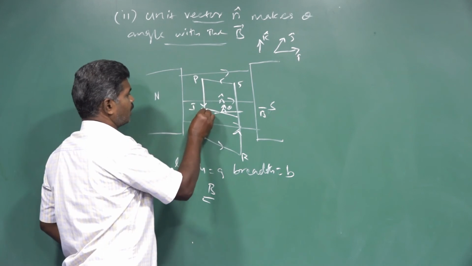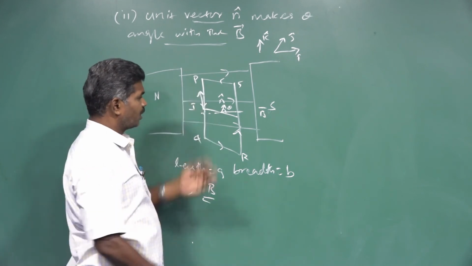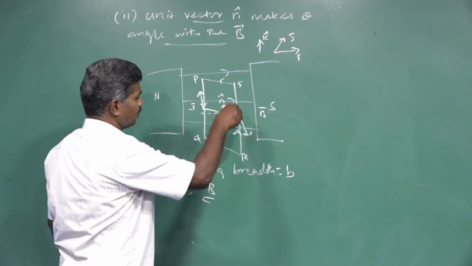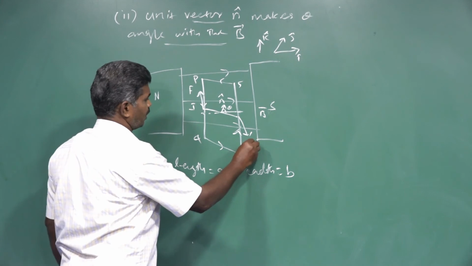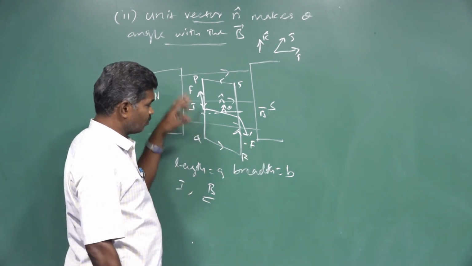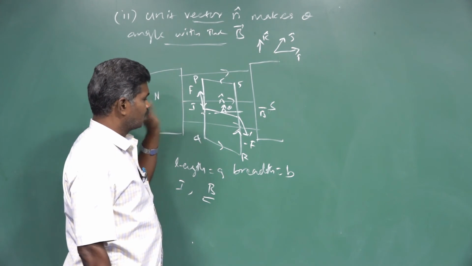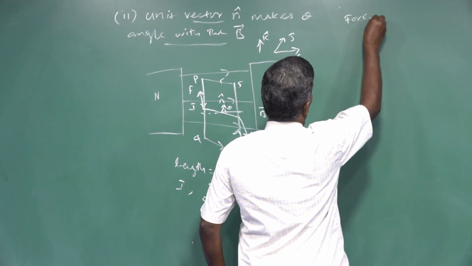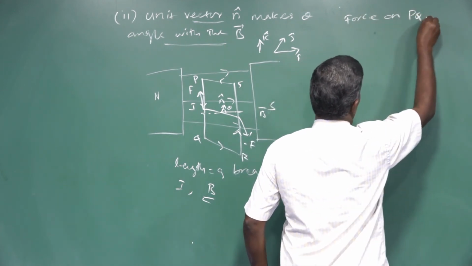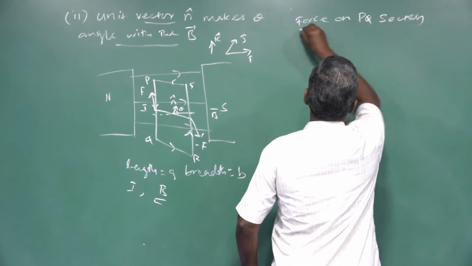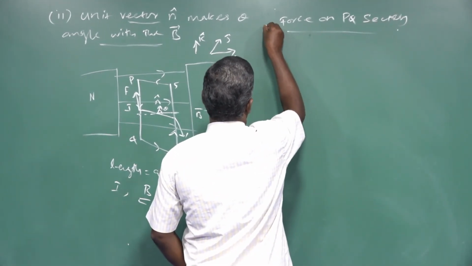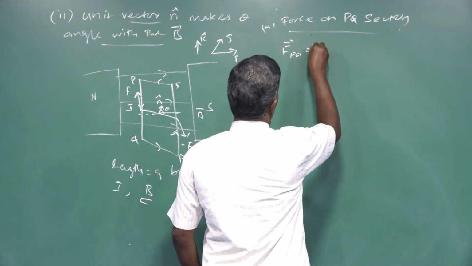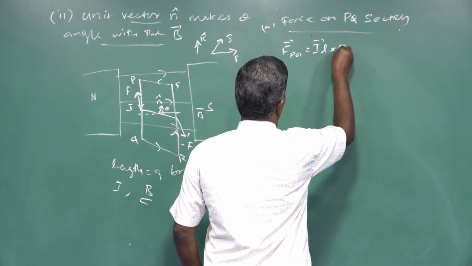So on that PQ side the force acts in the upward direction, and on the RS side the force acts in the downward direction. If it is taken as F, it is a minus. Now also we are dividing into four sections. On that PQ side we are going to calculate the force. Force on PQ section. That is the first case, F on PQ vector is equal to, that is generally I L vector cross B vector.